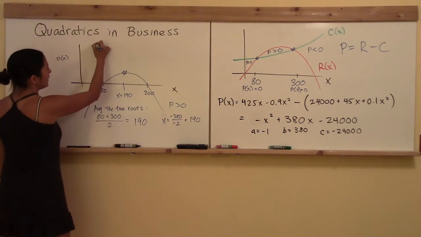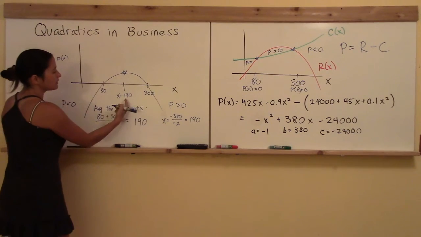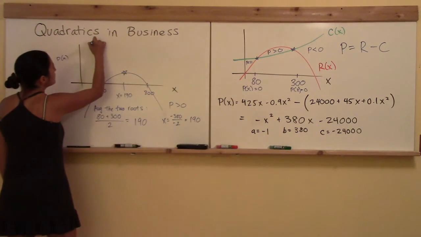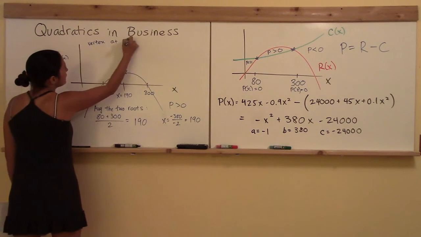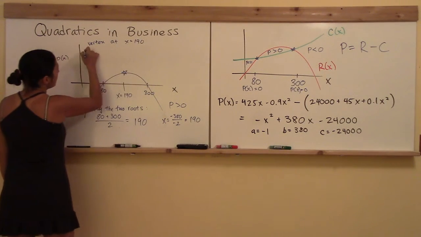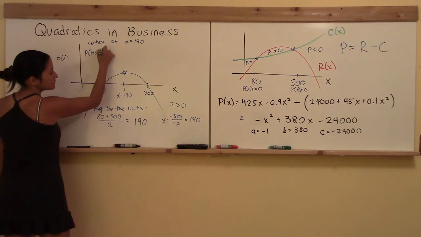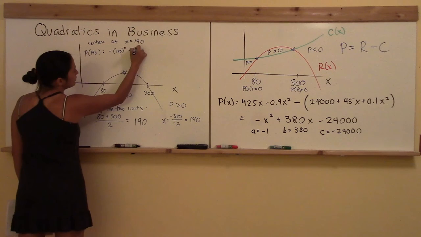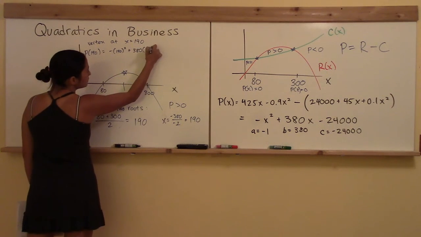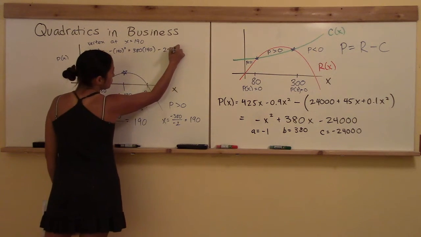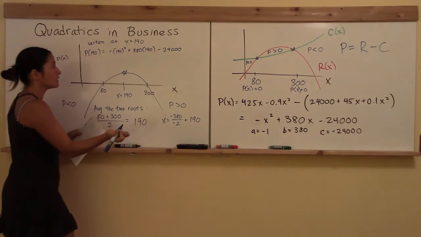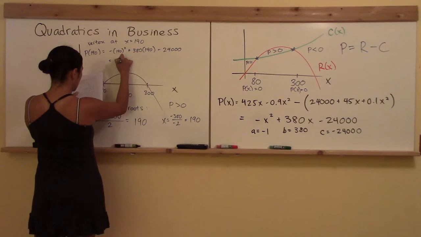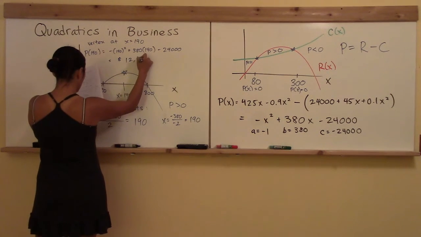Keep in mind that you have to take the x equals 190 and plug it back into this formula. Okay, so vertex at x equals 190, and then p of 190, you have to calculate that. So negative the quantity 190 squared plus 380 times quantity 190 minus 24,000, and that seems like a lot, but when you square 190, that's even more, because that turns out to be 12,100.